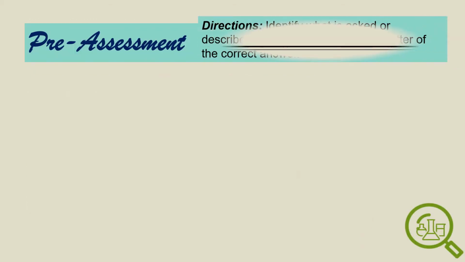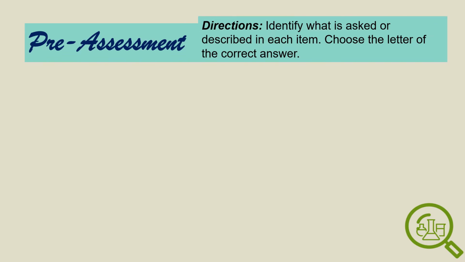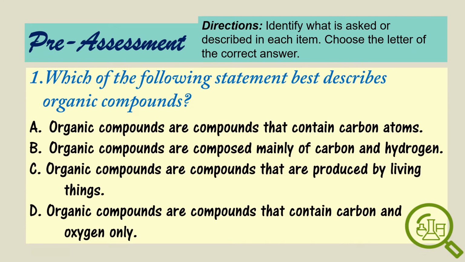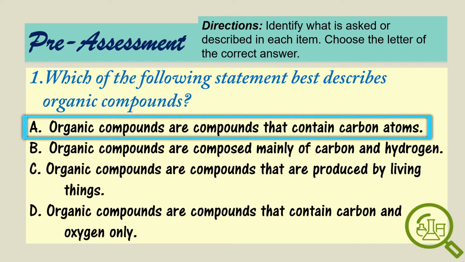For the pre-assessment, directions: Identify what is asked or described in each item. Choose the letter of the correct answer. Number 1. Which of the following statements best describe organic compounds? Letter A. Organic compounds are compounds that contain carbon atoms.